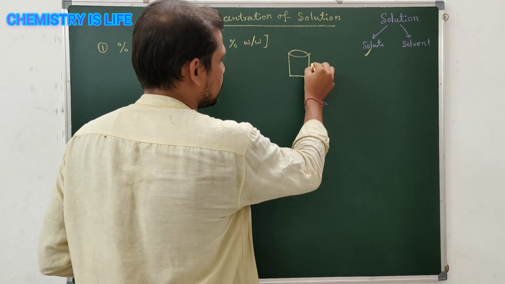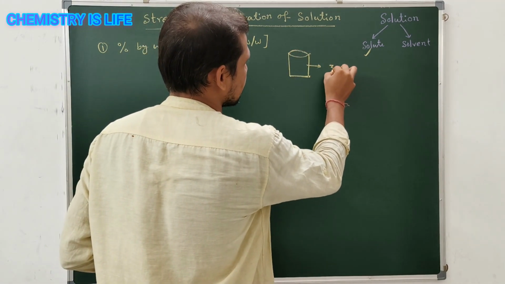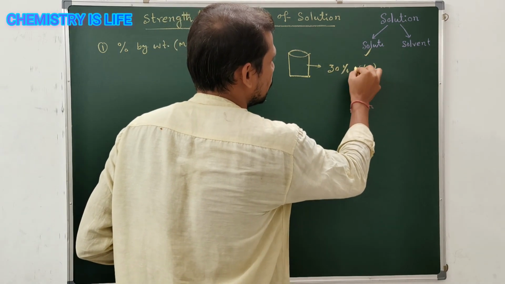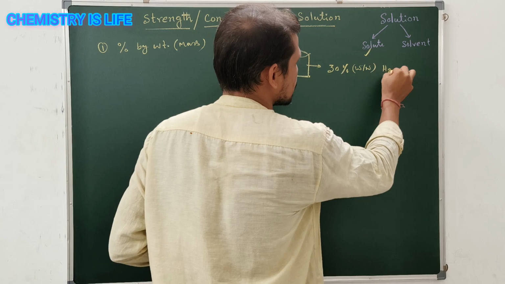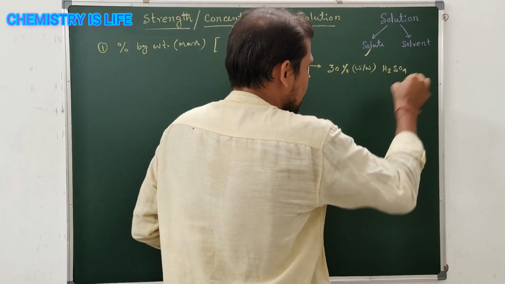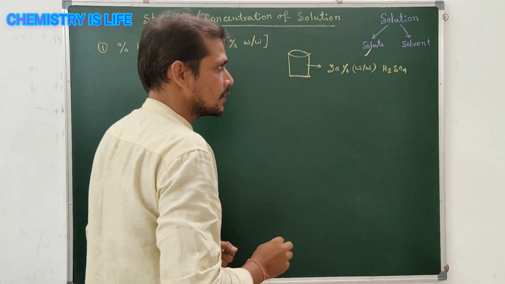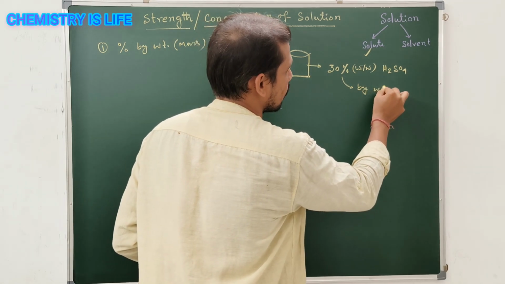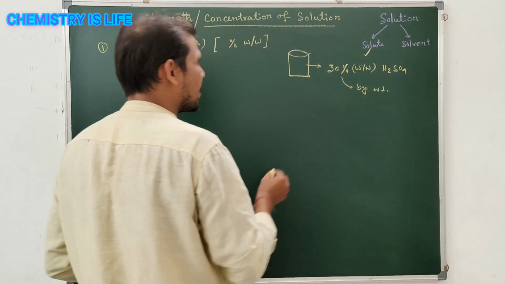See, if it is labeled as 30% W by W H2SO4, let's consider this, or 30% by weight or by mass. So what does that mean?